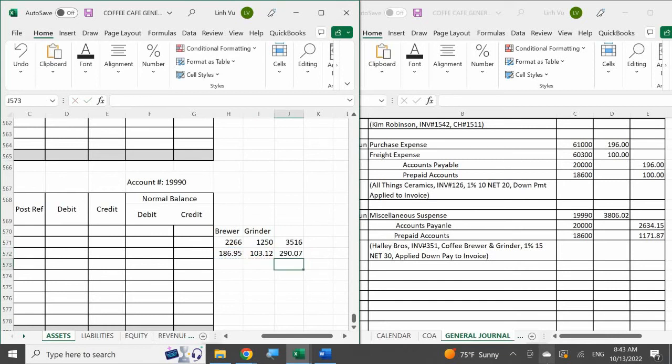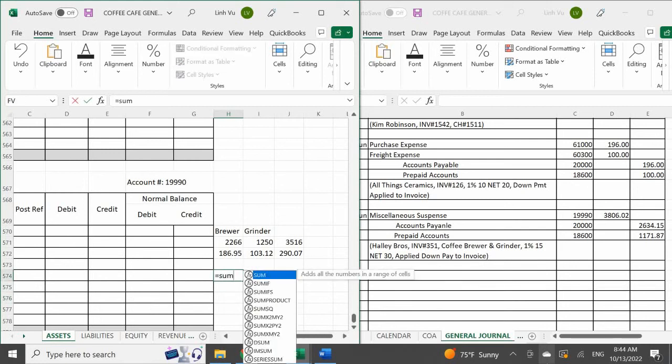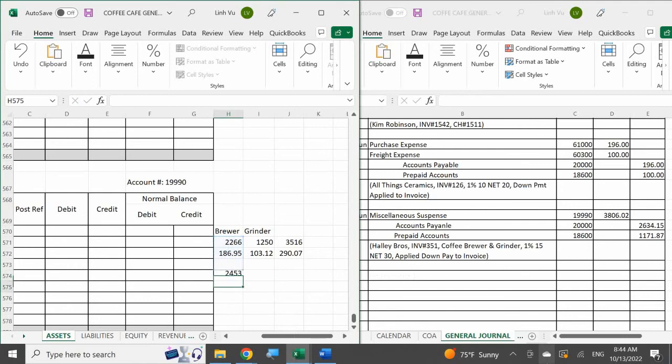Is my tax 290.07? Yes. Is the tax 290.07?